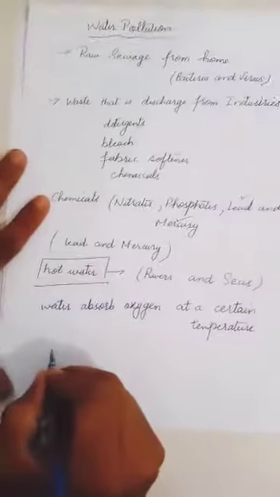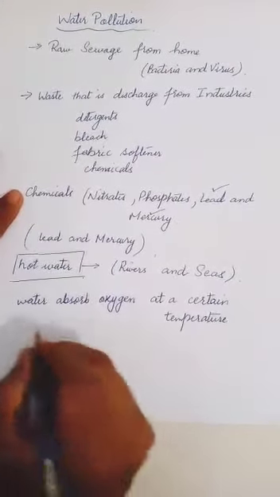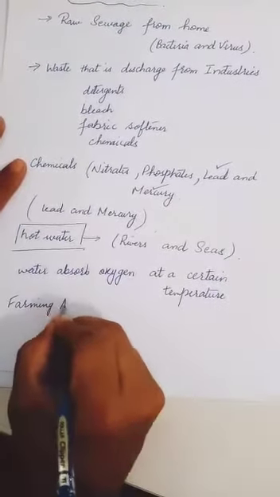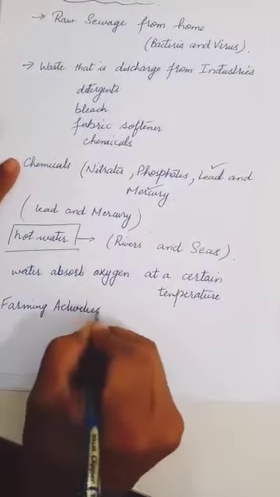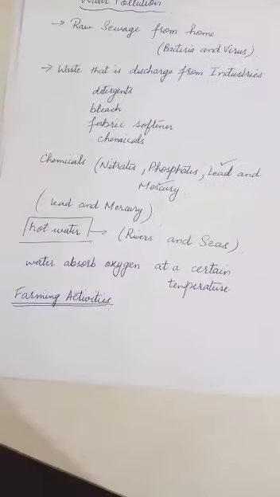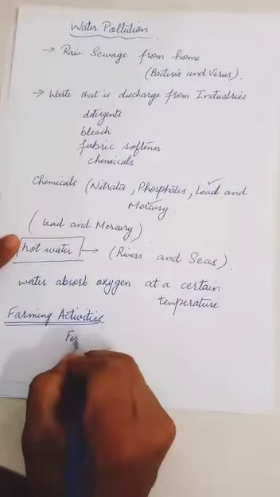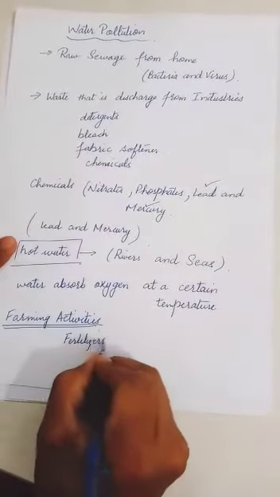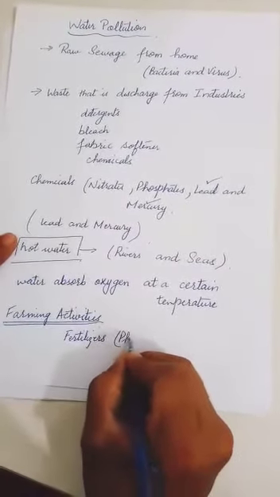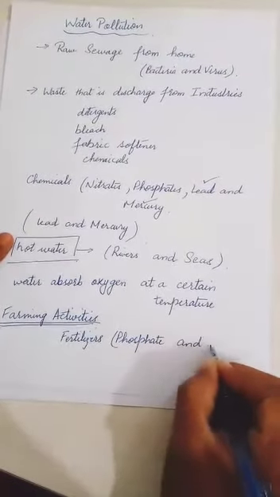The next thing that we are going to discuss is farming activities. How do farming activities pollute the water? Boys, as you know about fertilizers, we are going to discuss basically two types of fertilizers, which are phosphates and nitrates.